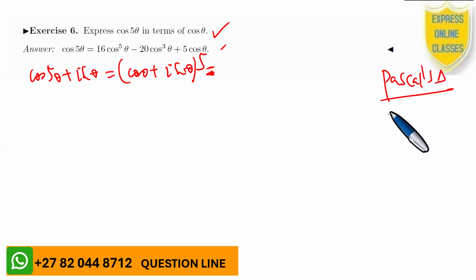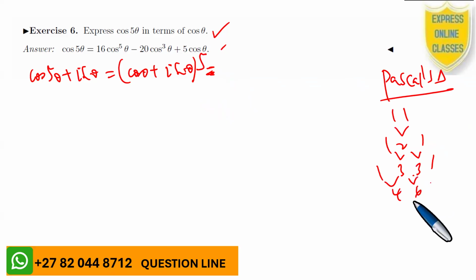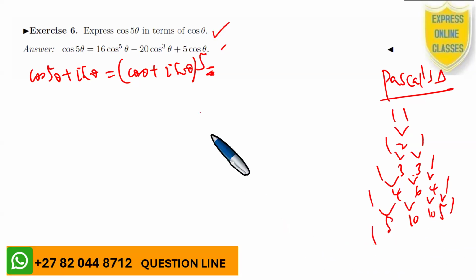Pascal's triangle is clear: when you put 1, 1, then you get 2, 1, 1. 3, 3, 1, 1. 4, 6, 4, 1, 1. 5, 10, 10, 5, 1, 1. So we're going to have these coefficients.